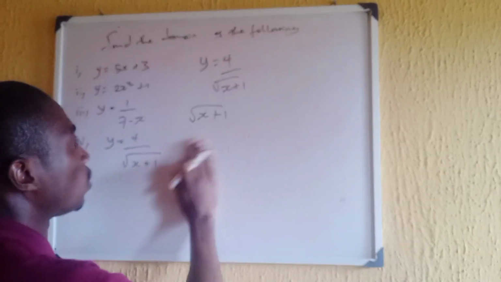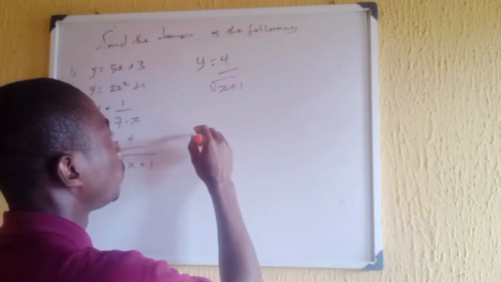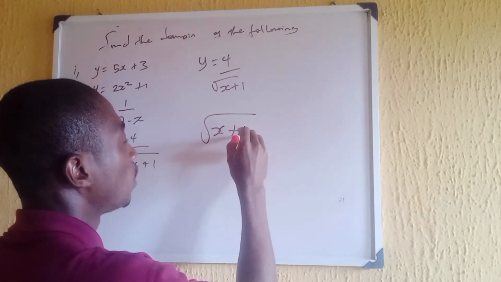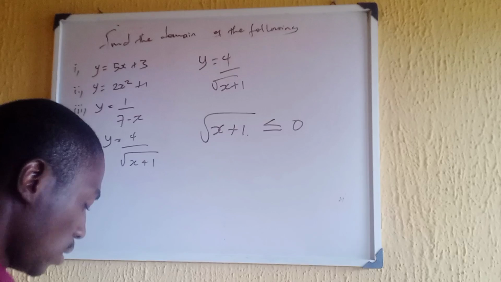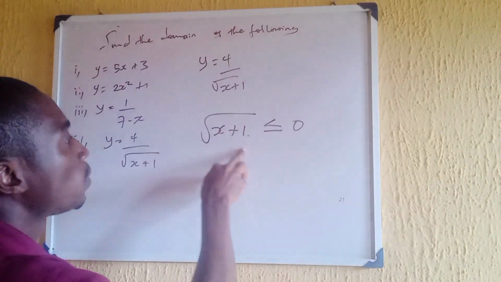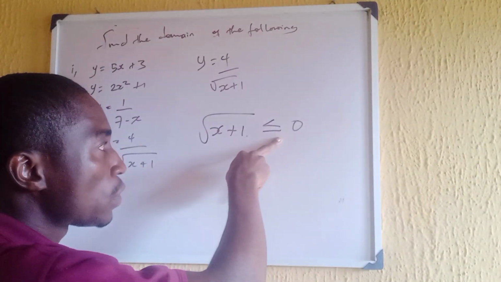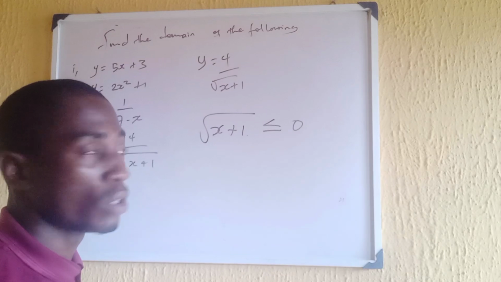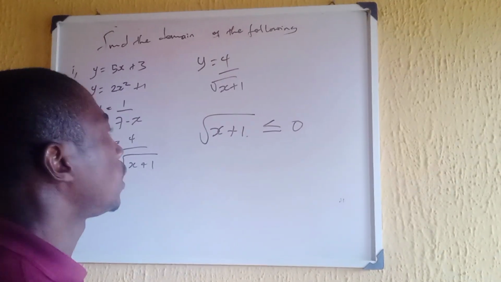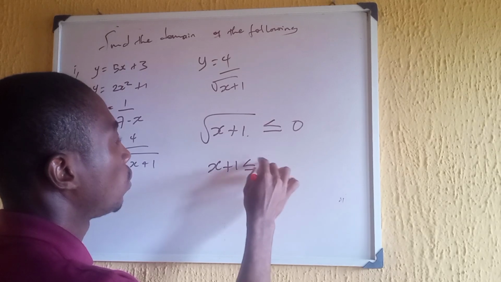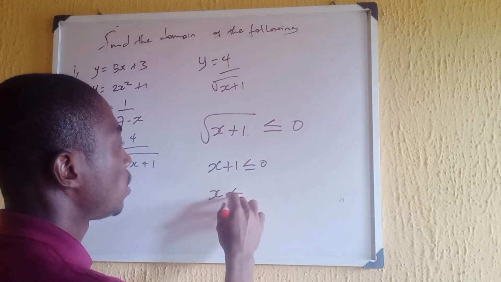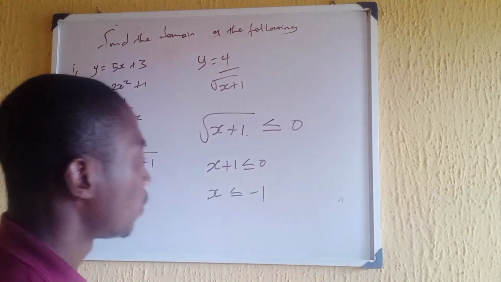So combining these two conditions, root x plus 1 must not be less than or equal to 0. In that case, we have x plus 1 less than or equal to 0, so x less than or equal to minus 1.